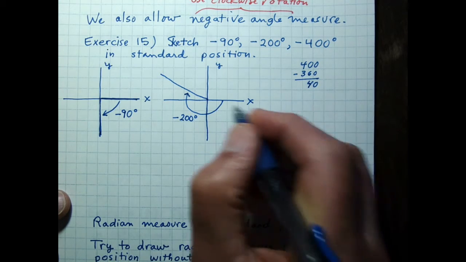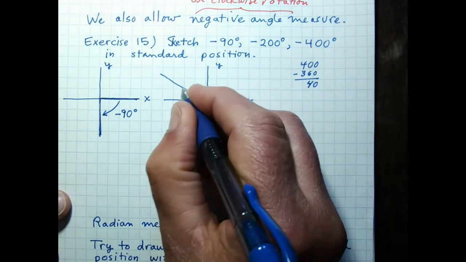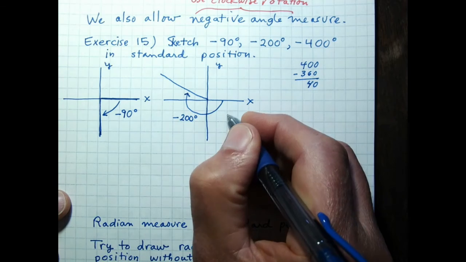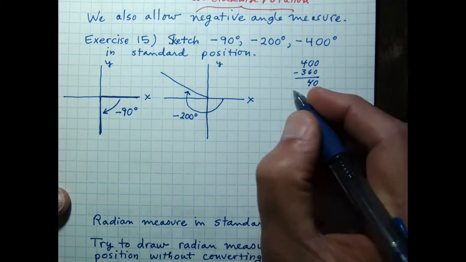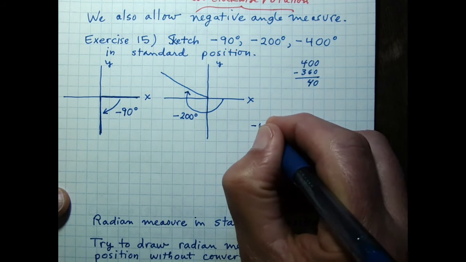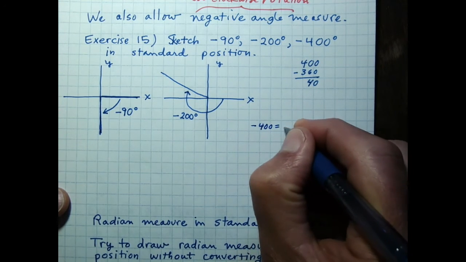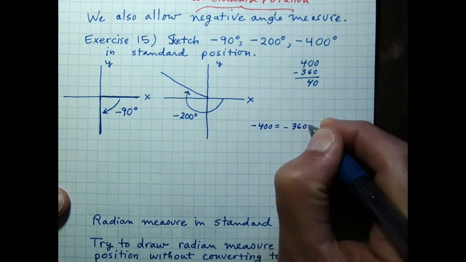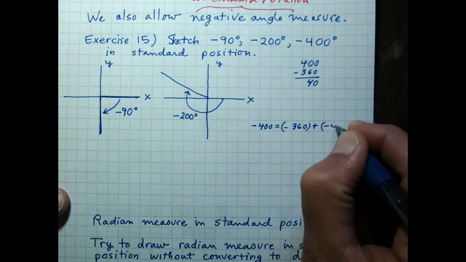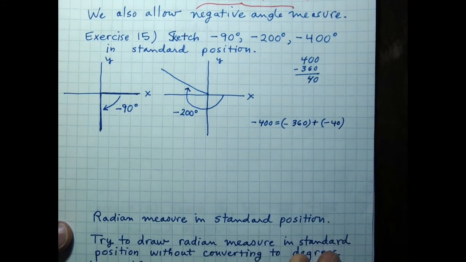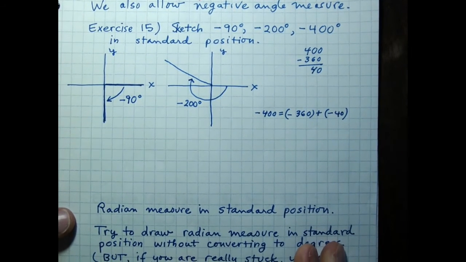So I'm going to go negatively one full circle and then 40 degrees more. I mean, officially what we're saying here is negative 400 is equal to negative 360. We're thinking of it as a sum of two negatives, but we don't have to do the math with the minus signs as long as we know this.